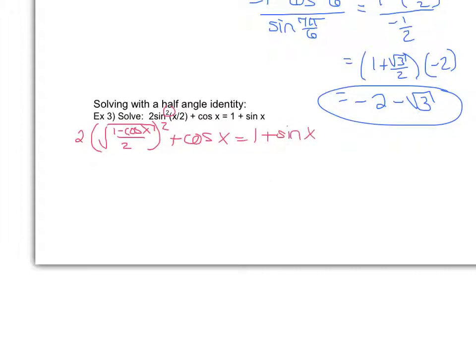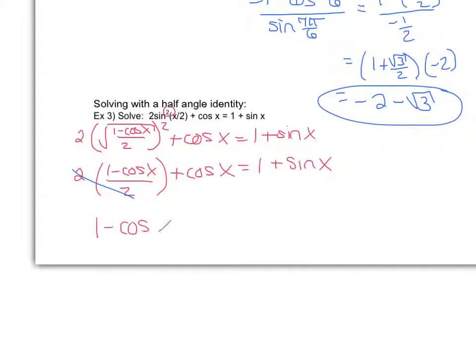Squaring makes my radical go away, and I'm left with 2 times 1 minus cosine of x all over 2. And then the rest of my equation drops down. Now, my 2's are going to go ahead and cancel out, and I'm left with 1 minus cosine of x plus cosine of x equals 1 plus sine of x.